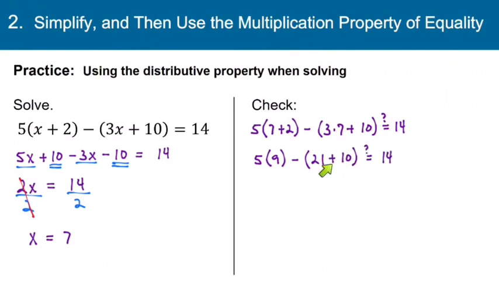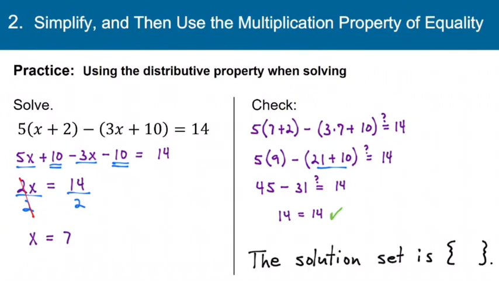So now we need to work the addition inside this second set of parentheses. 21 plus 10 is going to be 31. So we'll have 5 times 9, which is 45, minus 31. And that's supposed to be equal to 14. If you work out the left side, you do get 14, so we verified our solution, and now we can say that the solution set is 7.